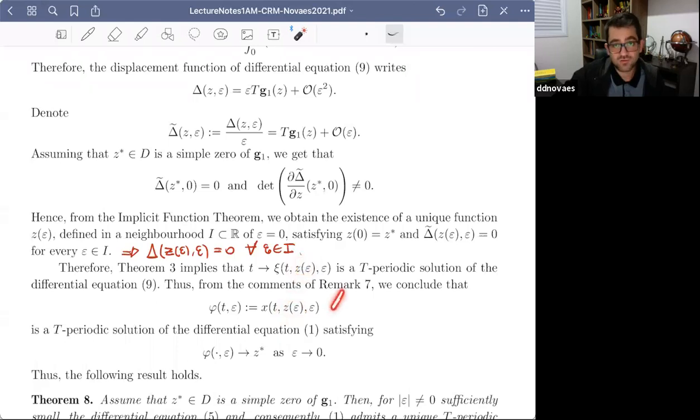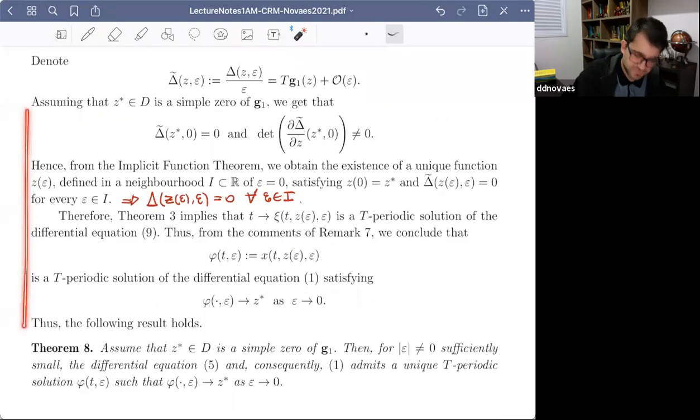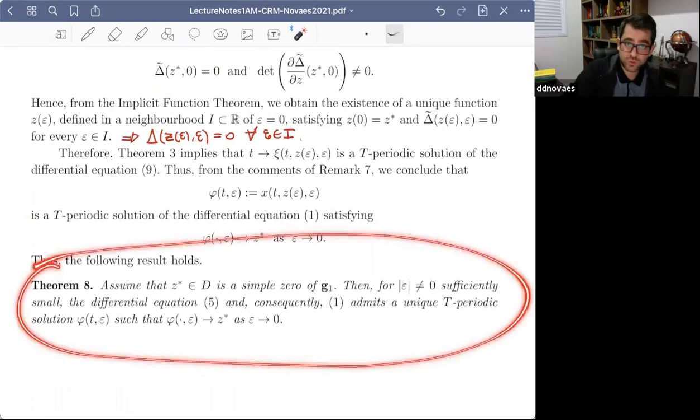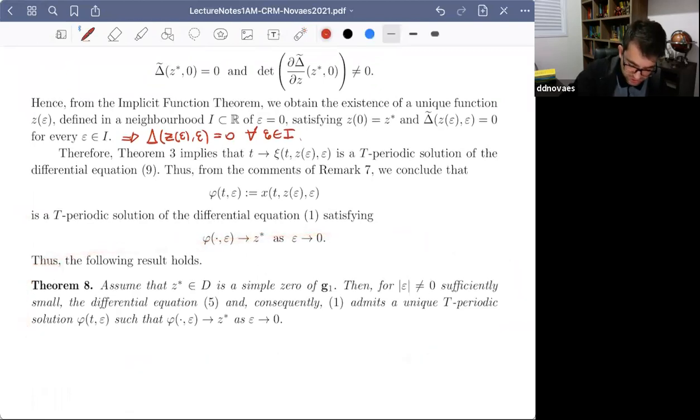Then we find a T-periodic solution of our original difference equation. And this T-periodic solution also converges to a constant function z star as epsilon goes to 0, because the initial condition goes to z star, and the solutions of the unperturbed system are all constant solutions. Okay, so with these comments, we have proved this theorem, which is the first order averaging theorem.